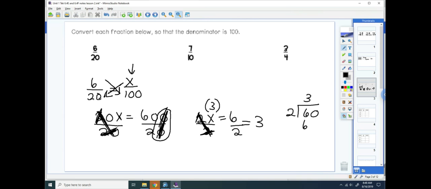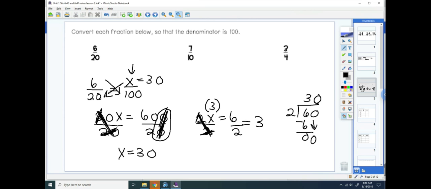So 6 comes down here, subtract, bring down the 0. Well, 2 goes into 0 zero times, so I have to make sure to write that 0. So 2 goes into 60 30 times. So x equals 30. So it means the answer up here will be 30.